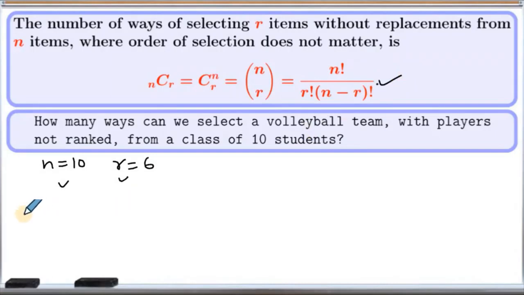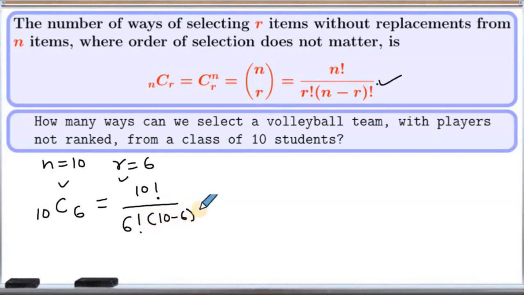So we get 10C6 equals 10 factorial over 6 factorial times 10 minus 6 factorial.